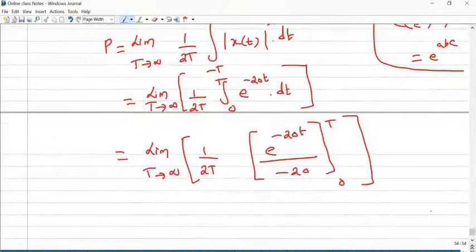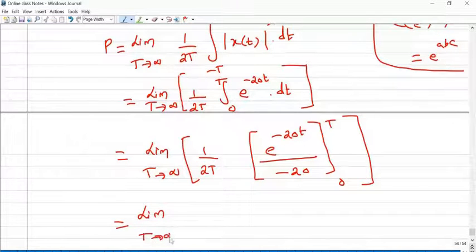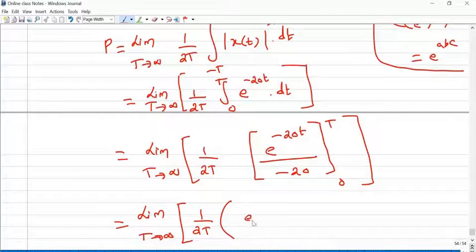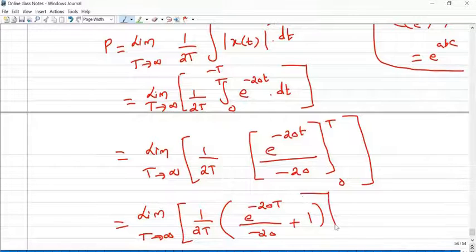Substituting the value: limit t tends to infinite, 1 by 2t times e power minus 20 capital T divided by minus 20, minus of minus plus e power 0, which is 1.